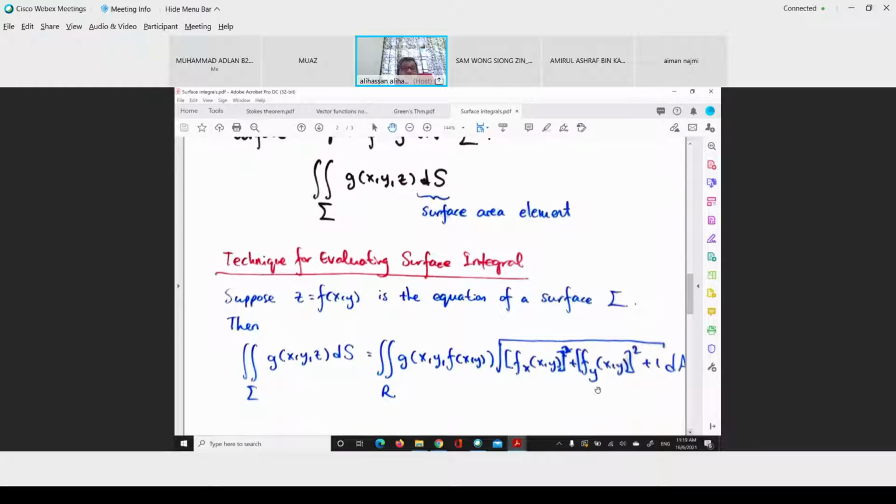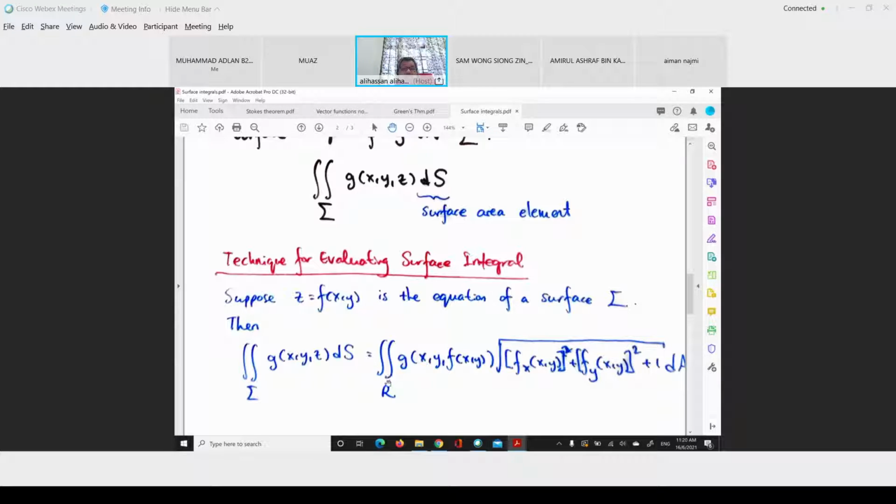So if the surface has the representation z equal to f(x,y), suppose z equal to f(x,y) is the equation of a surface sigma, then this surface integral of g(x,y,z) dS over the surface sigma is equal to, so we replace this z here by f(x,y), and remember dS is equal to the square root of f partial x squared plus f partial y squared plus 1 dA.